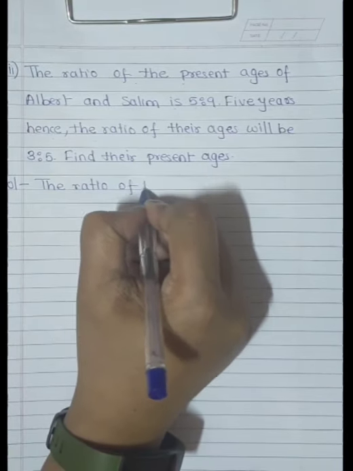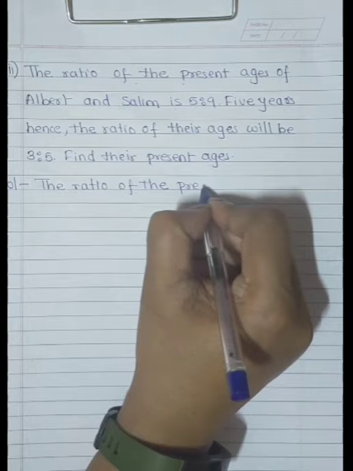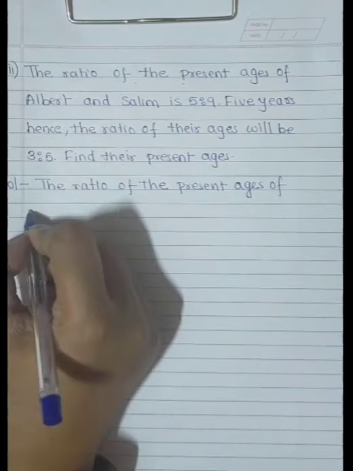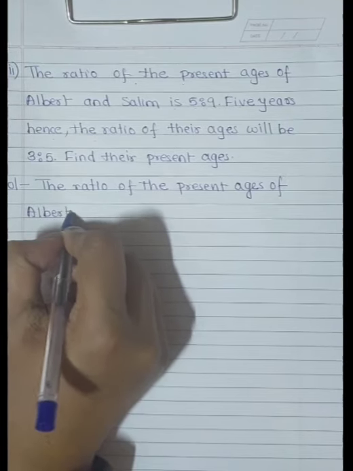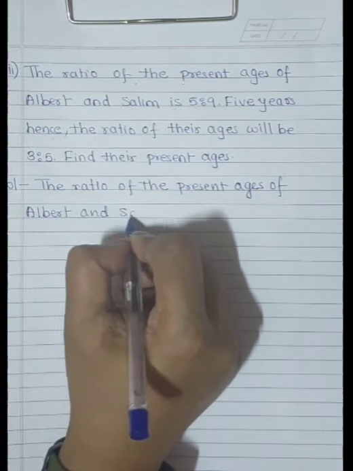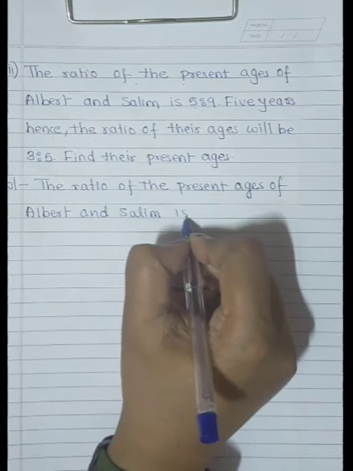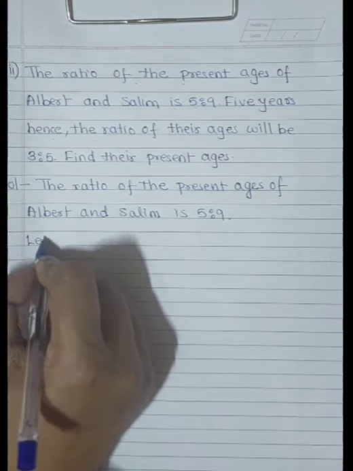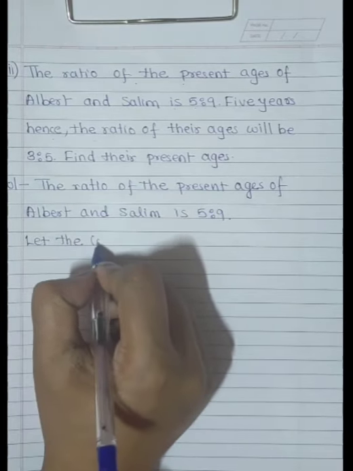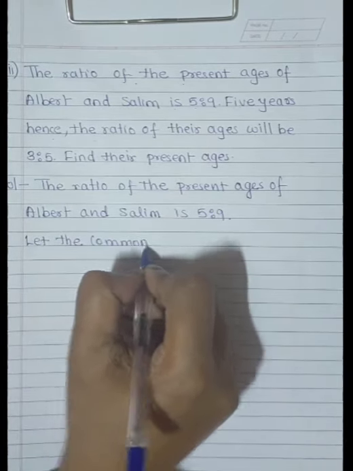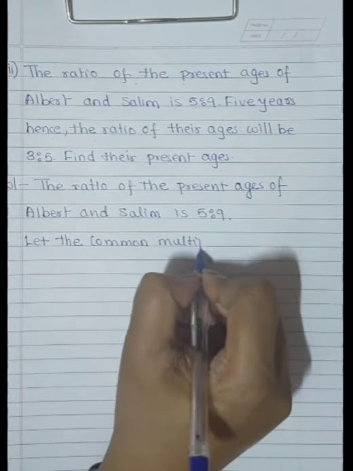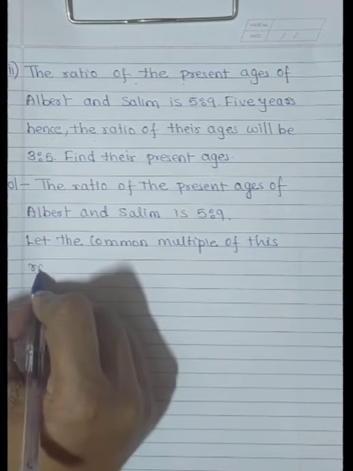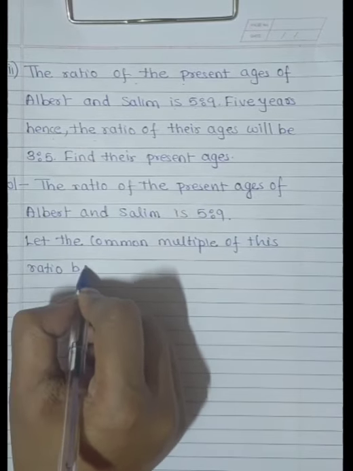The ratio of the present age of Albert and Salim is 5:9. Okay, let the common multiple of this ratio be x.